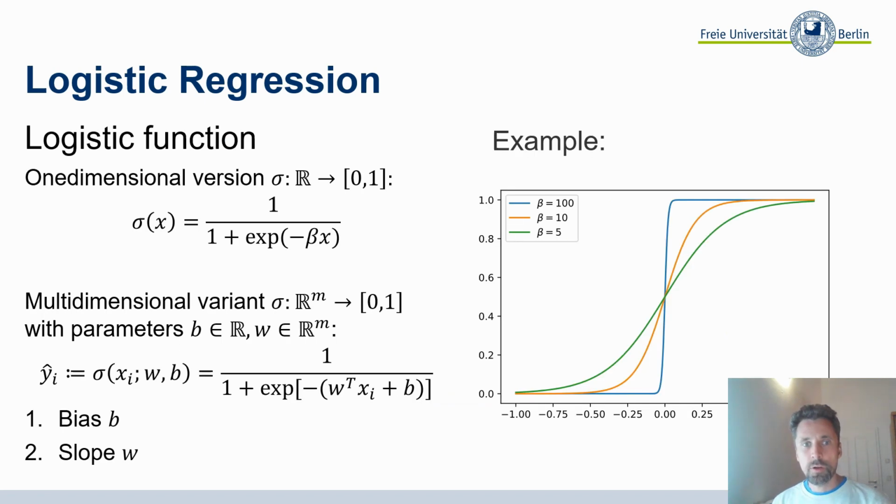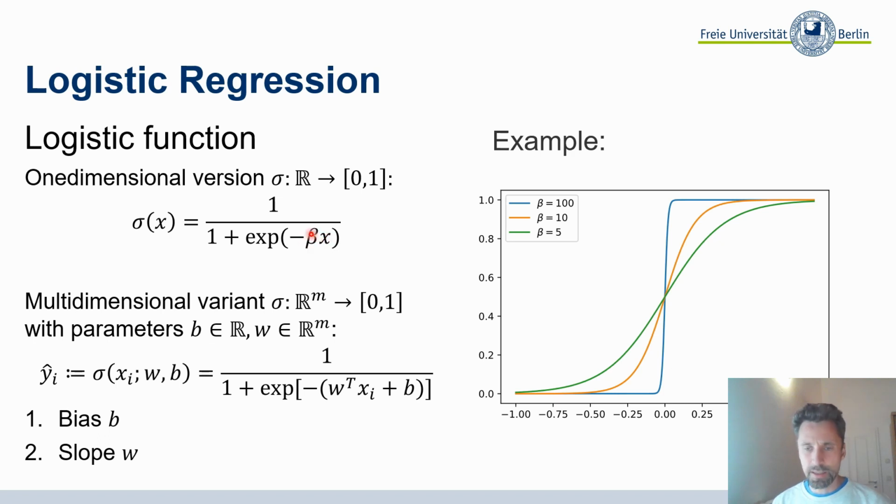So in the one-dimensional case, our logistic function looks like this. It maps any real valued input to the interval 0 to 1. So that is our requirement. And the form is 1 over 1 plus e to the minus beta x.